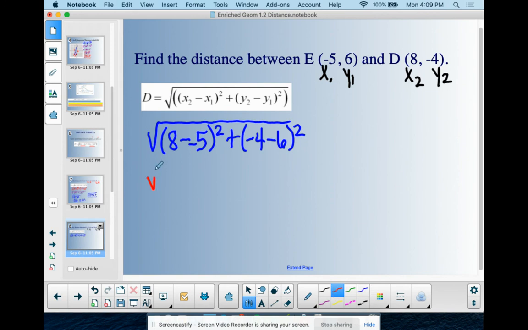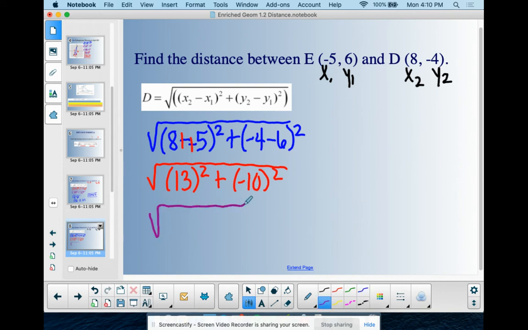Now we just algebra our way out of this. 8 minus a negative 5 would really be like adding, so we're going to get 13 squared. Negative 4 minus 6 would be negative 10 squared. 13 times 13 is 169.